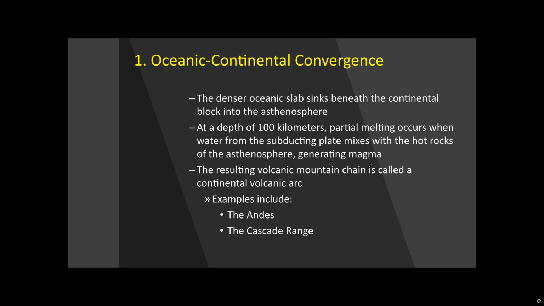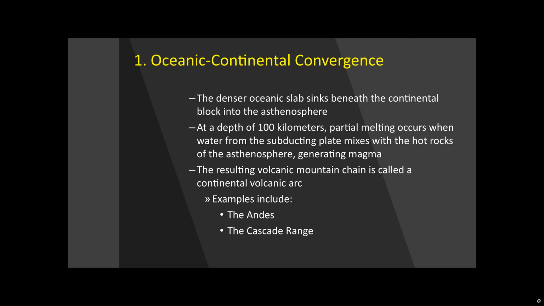But this dense oceanic slab sinks beneath the continental block into the asthenosphere. At a depth of 100 to 150 kilometers, partial melting occurs because water from the subducting plate mixes with the hot rocks of the asthenosphere, and this generates magma.